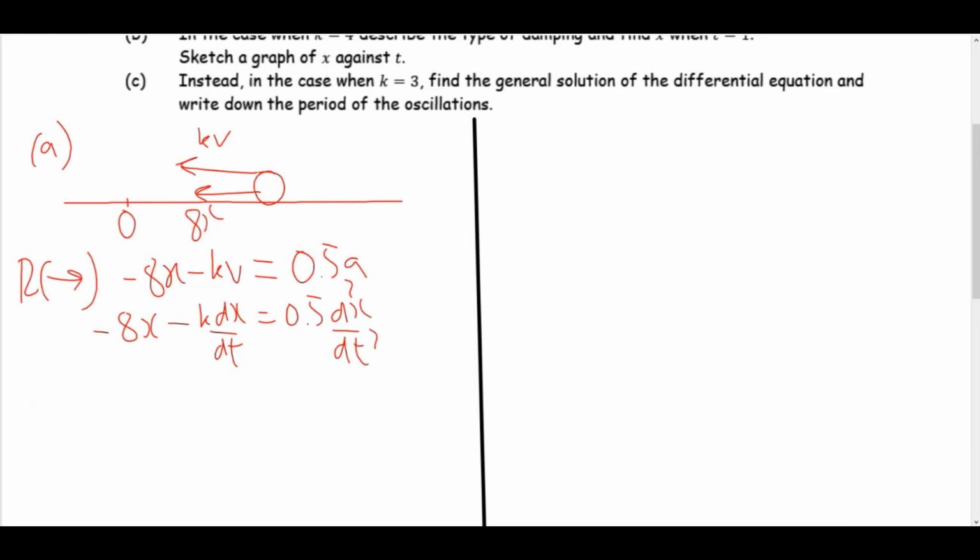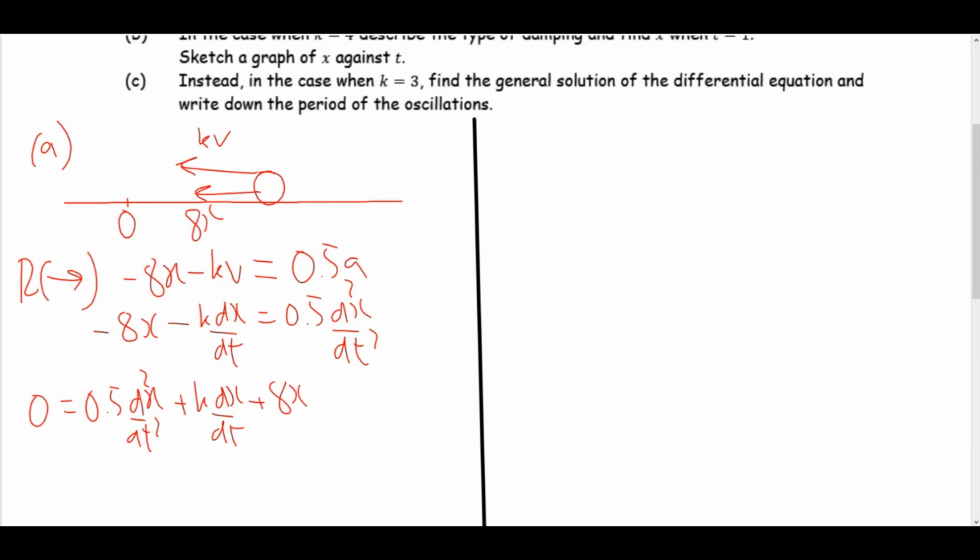Now, if you get all of the terms on one side and times through by something to get rid of the 0.5, the differential equation will turn out. So you get every term on the right, you will get 0 is 0.5 d2x by dt squared plus k dx by dt plus 8x.